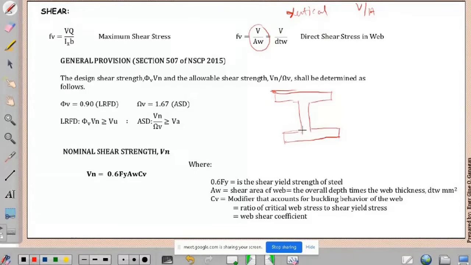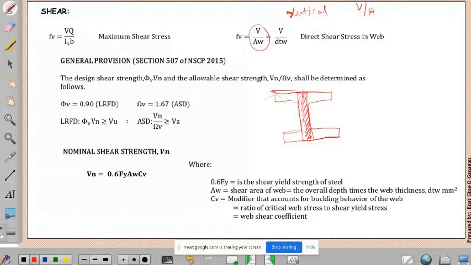So pagka wide flange yung section or I-shape yung section, yung area na responsible for shear is actually the area of the web lang. So ito yung web natin. So yung area dito lang ang responsible for our shear stress. Okay? So ito yung ina-assume natin na nagre-resist ng shear when we have an I-shaped section.